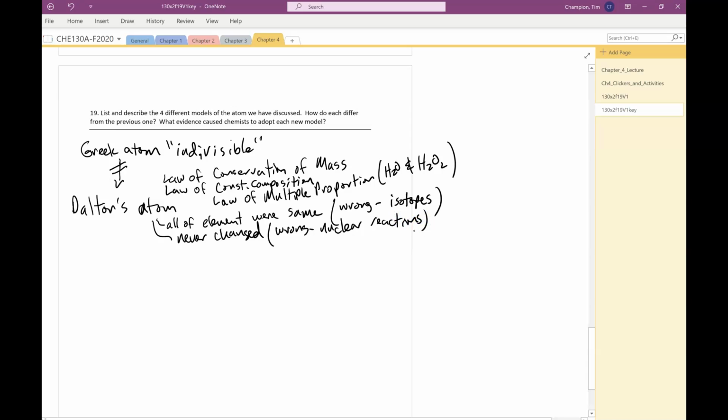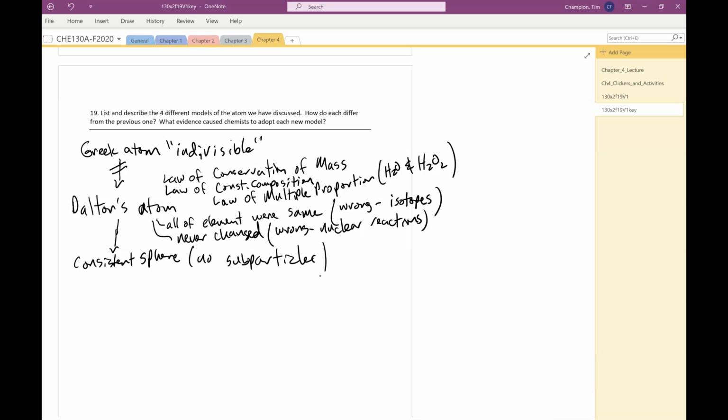Then Dalton's atom kind of got interpreted as a consistent sphere, if you will, where there are no subatomic particles. That was one of Dalton's theories of his atom, basically that it was an indivisible atom, that there were no subatomic particles.